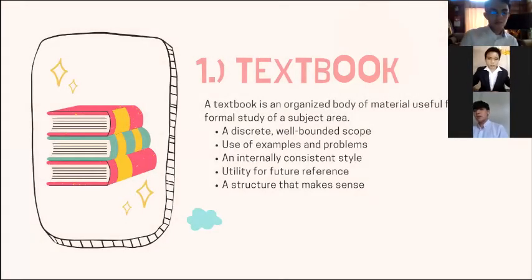Textbook. A textbook is an organized body of material used for the formal study of a subject area. So textbooks effectively help one in teaching prose. It calls for breaking a longer piece of prose up into smaller sections.